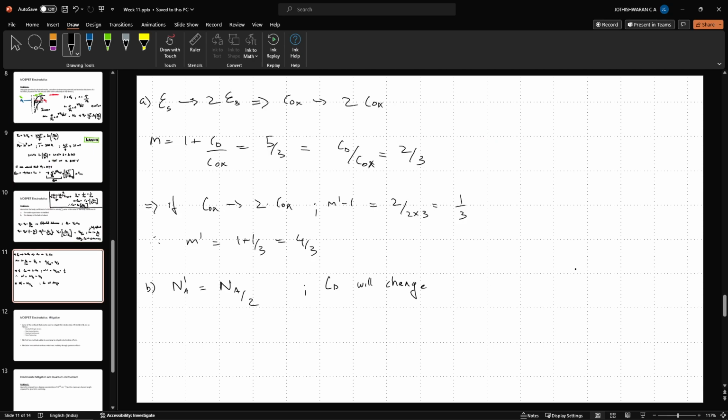So CD is simply epsilon s divided by WD. There is a factor of A, but I don't worry about it because I'm writing capacitance per unit area. In this case it is simply going to be epsilon s divided by square root of 2.